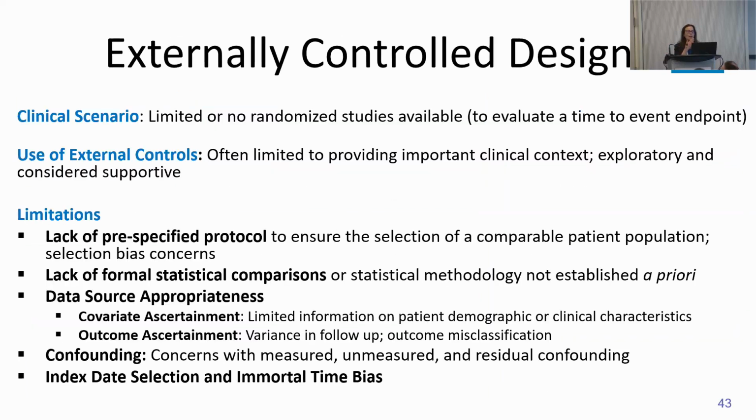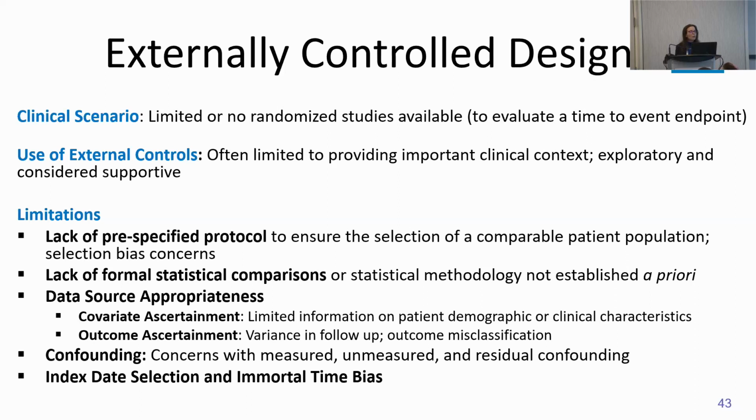In a situation where there are limited or no randomized studies available, the use so far has been limited to providing important clinical context, has been exploratory and considered supportive. A drug has not yet been approved in oncology using an externally controlled design due to various limitations.